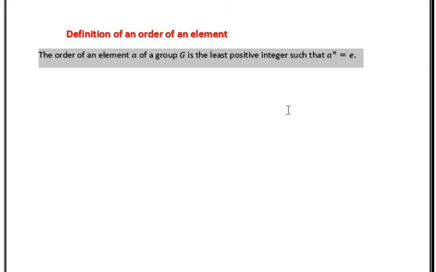Means the integral power of an element is equal to e, then the integral power is known as order of the element. In case of multiplicative group, a power of n is an integral power, and in case of additive group, a power of n is nothing but a plus a plus a plus a n times, that is na, where n is the order of an element.